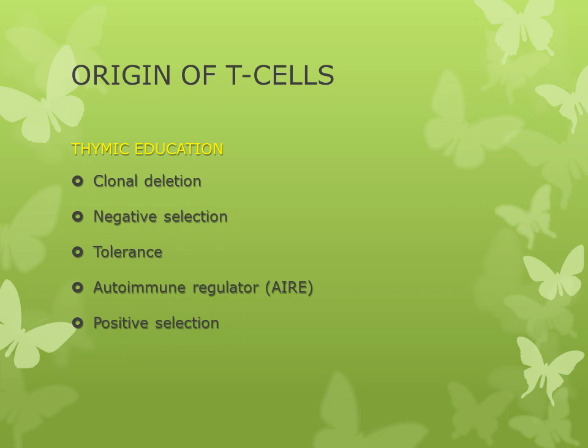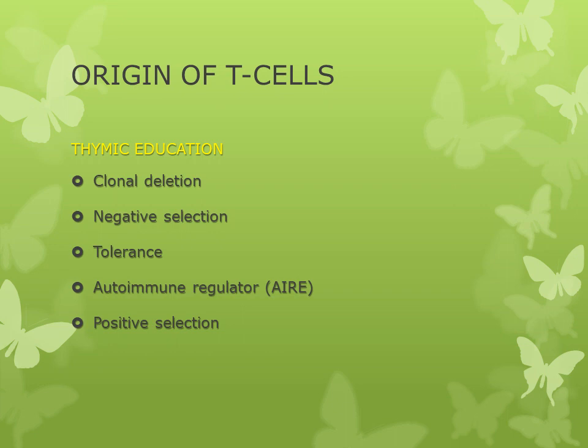These cells which have the receptors for self antigens are killed by programmed cell death, which is called apoptosis. The removal of these self-reactive cells is called negative selection. So clonal deletion and negative selection are related to each other. This point is very important to understand because it is the underlying mechanism of autoimmune diseases.